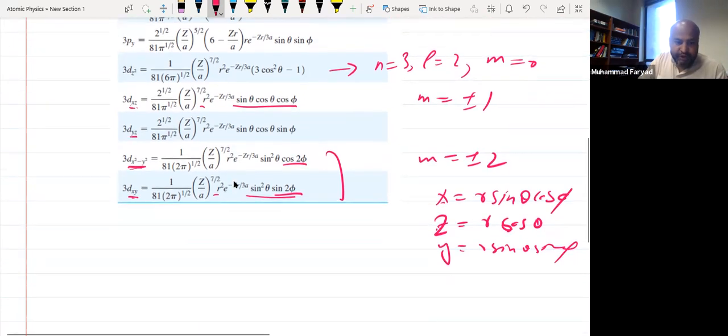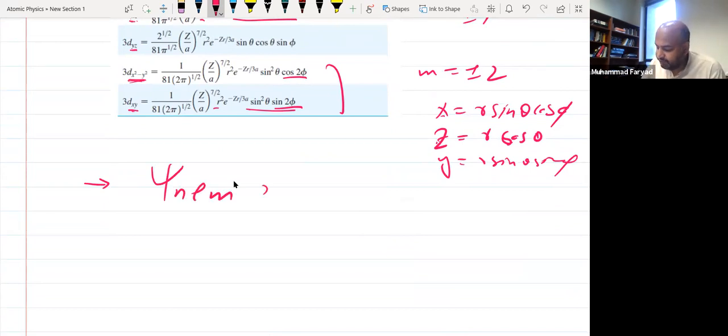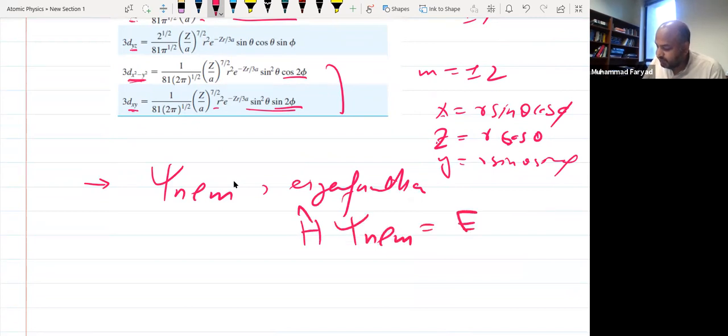Okay, one more point about these real wave functions, and that is that our psi NLM wave functions are eigenfunctions of three operators. They are eigenfunctions of the Hamiltonian operator, of course. We get energies, which are functions of n, and they are also functions of the magnitude square of angular momentum.